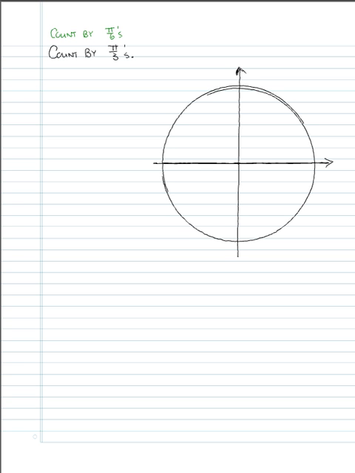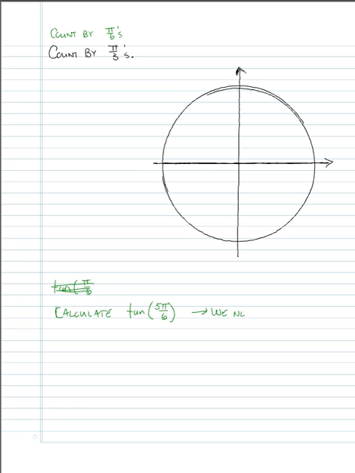We want to calculate or determine the tangent of 5 pi over 6. That's what we want to do. Okay?